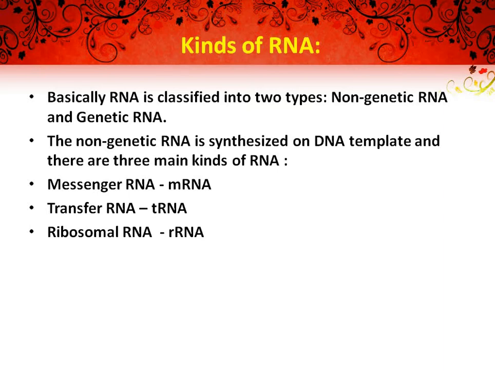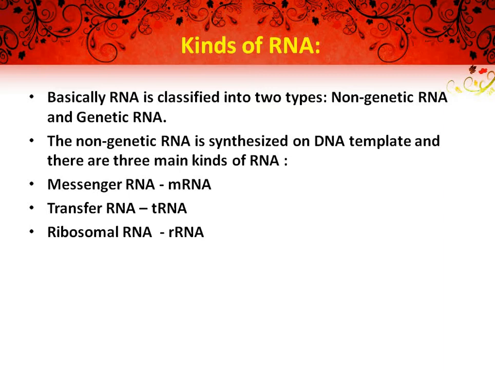Hence it is called genetic RNA. Example, the TMV virus, that is the tobacco mosaic virus, is a plant virus, whereas poliomyelitis, sarcoma, influenza, HIV, coronavirus, these are all animal viruses.